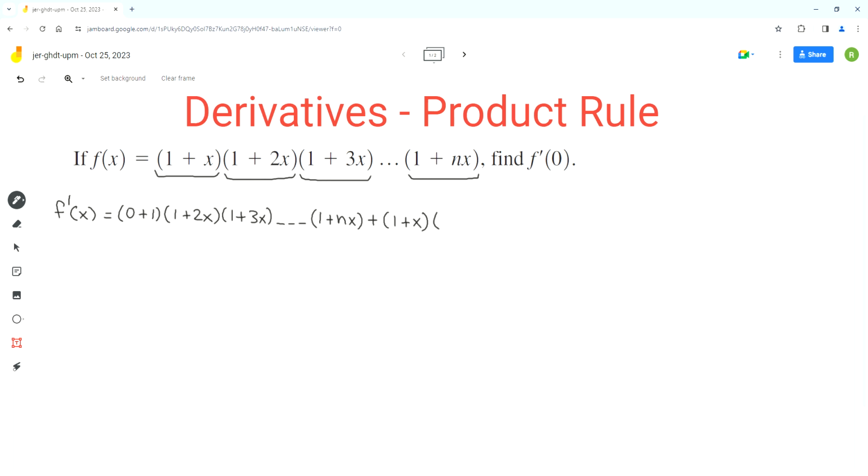So the derivative will be 0 plus 2, times the third and all the way to the last binomial (1 plus nx).